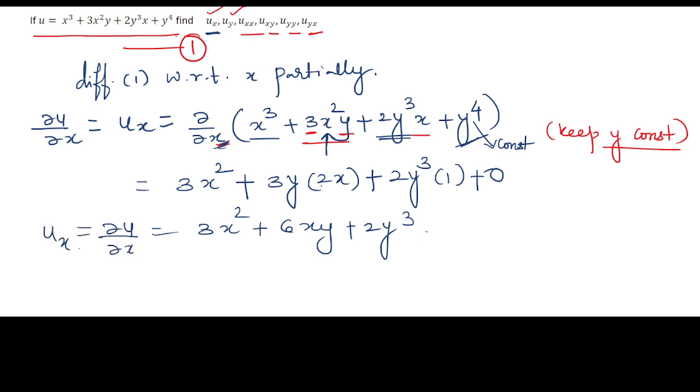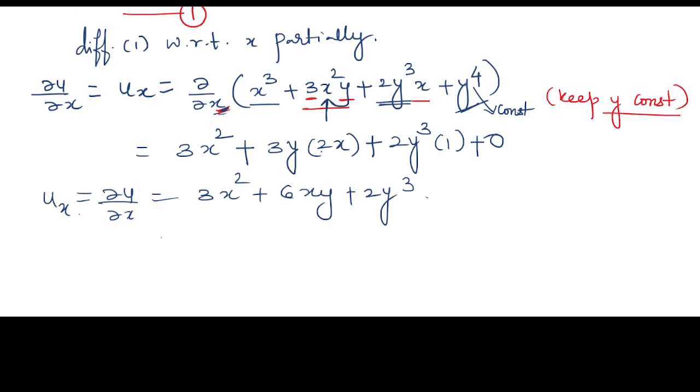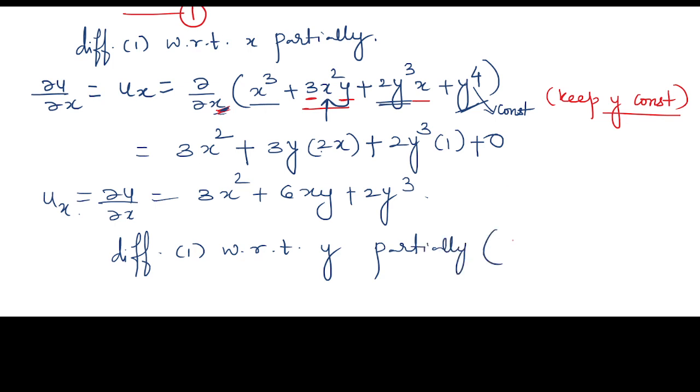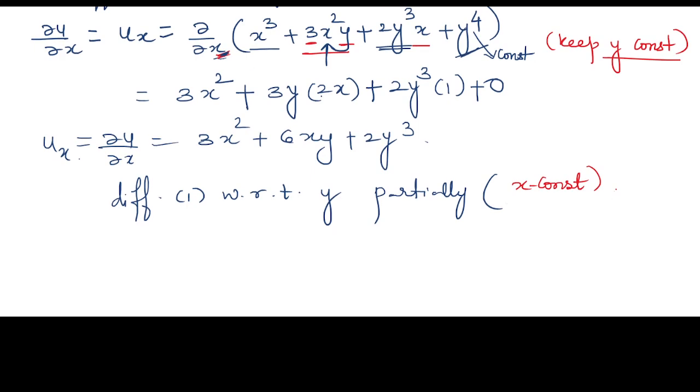or ux. Now similarly, we will differentiate 1 with respect to y partially. It means that we have to keep x as a constant. So while differentiating throughout, we will treat x as a constant.